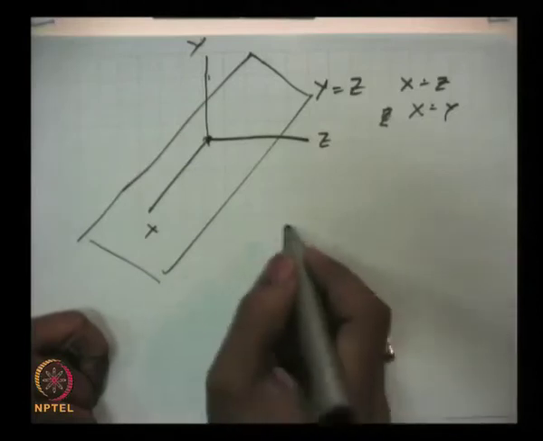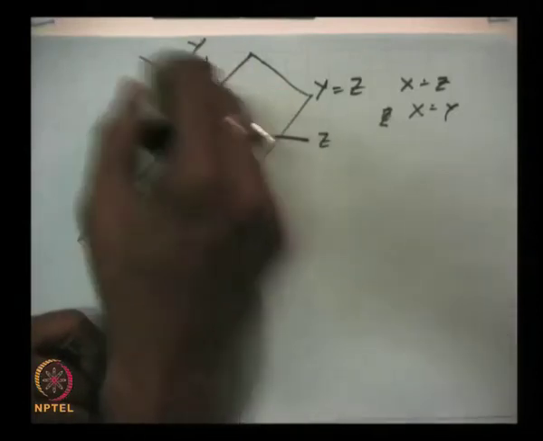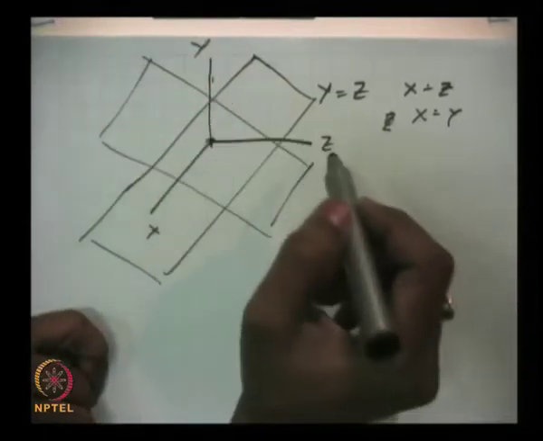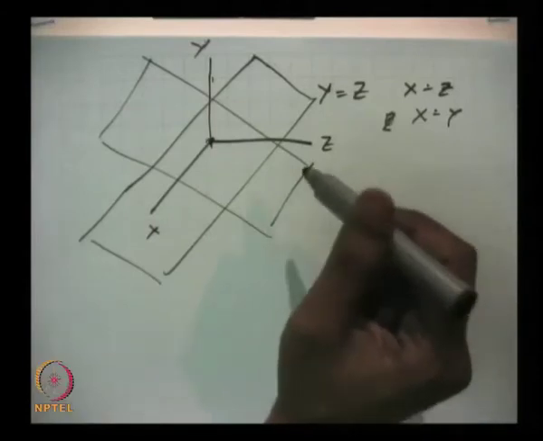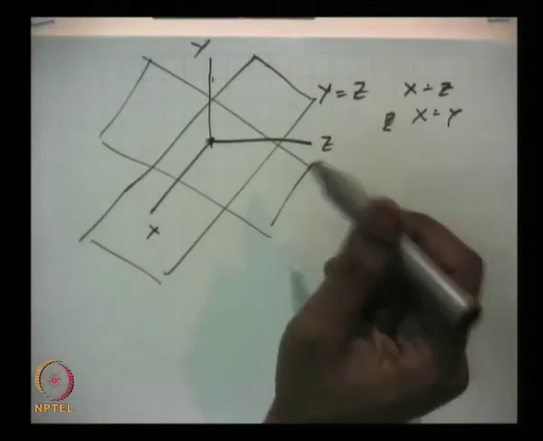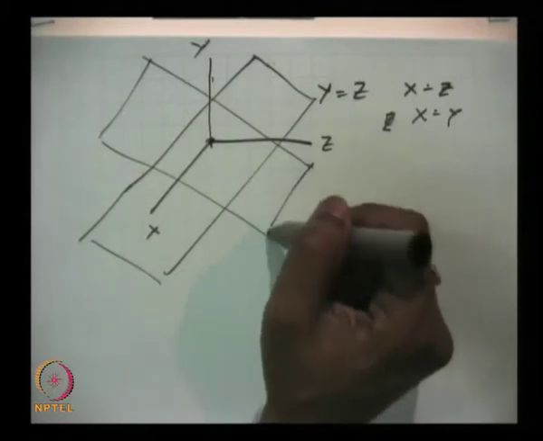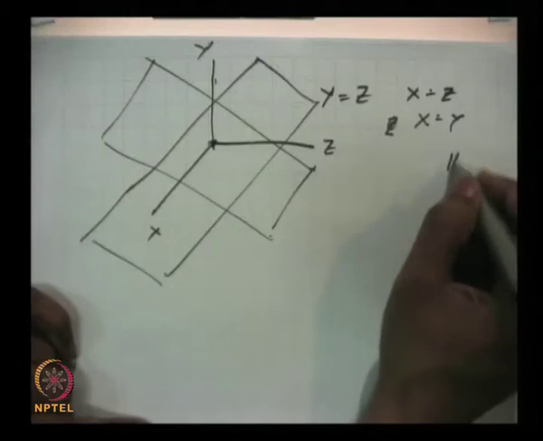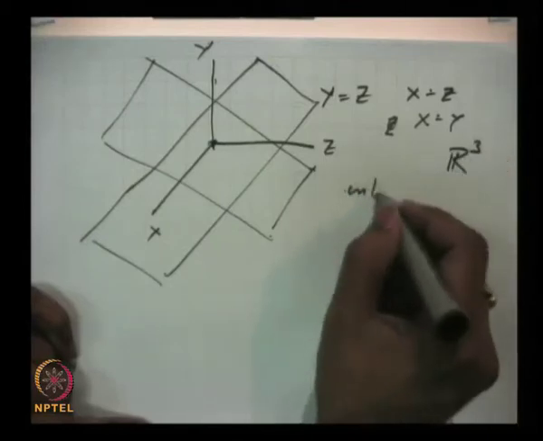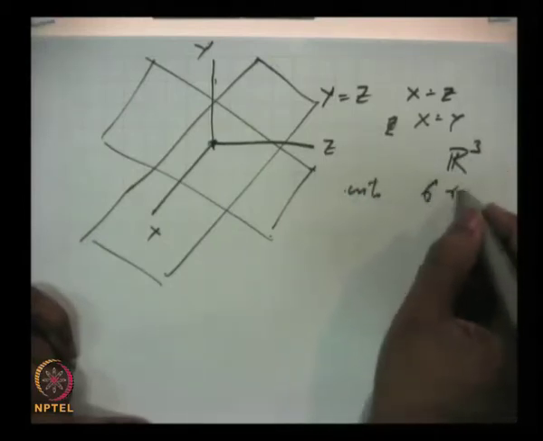Okay. So, there are some 3 such planes, and if you think about it, these 3 planes are not completely independent, in the sense that they are going to partition this R cube into actually 6 regions.